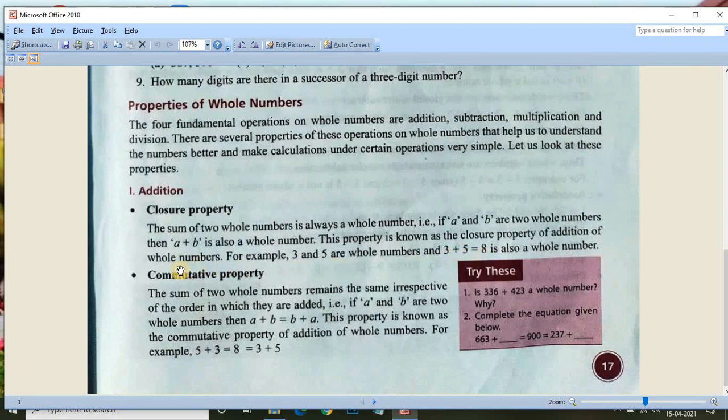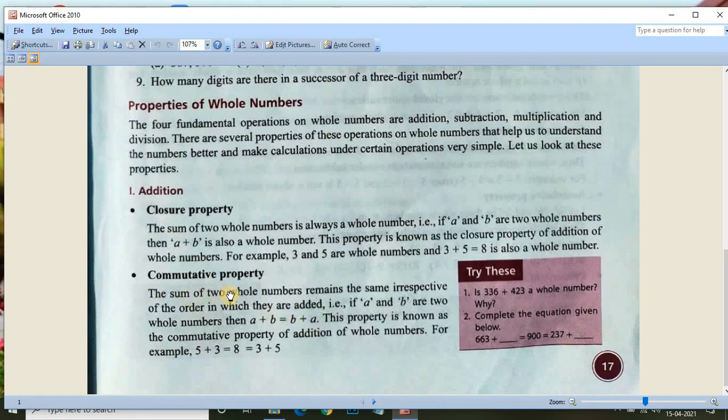Now come to commutative property. The sum of two whole numbers remains the same irrespective of the order in which they are added. That is, if a and b are two whole numbers, then a plus b equals b plus a. Did you understand? I am repeating this property again.